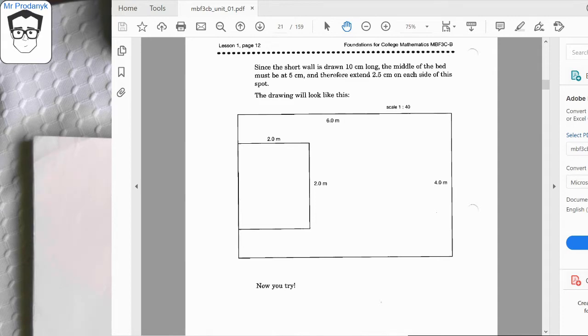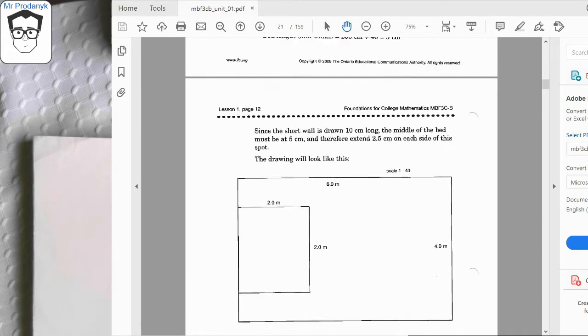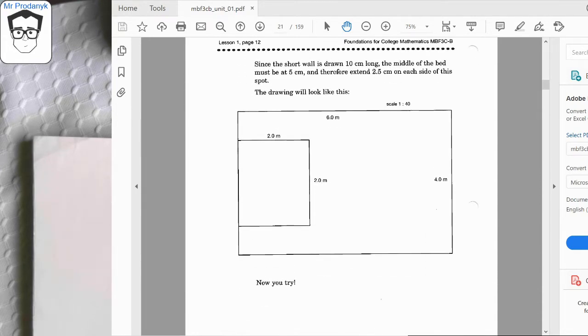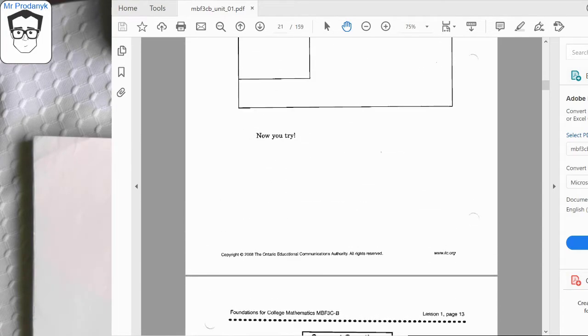But anyway, for the sake of this exercise, we can see that the bed is 2 meters by 2 meters, and the room is 6 meters by 4 meters, and there's a drawing. Okay, and it wants you to try that out as well.